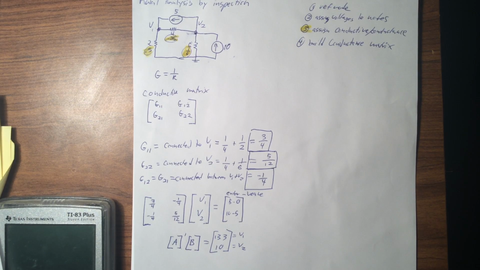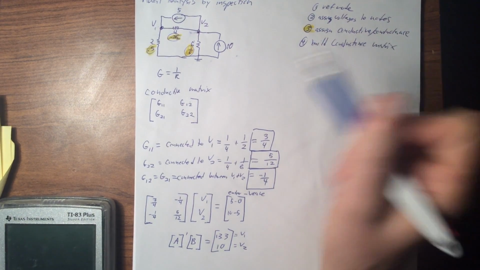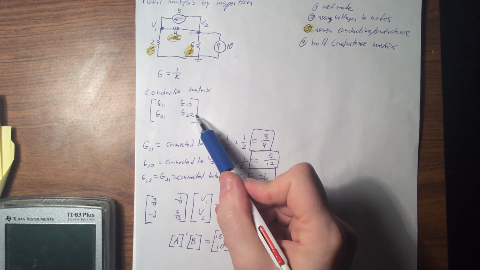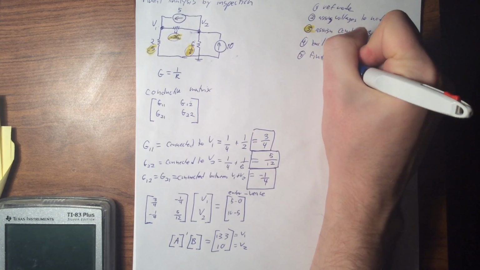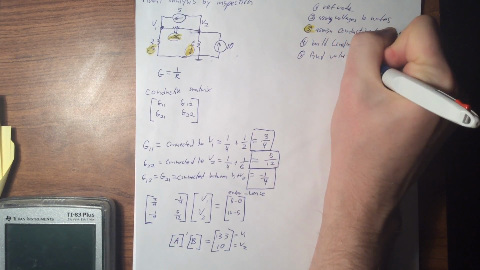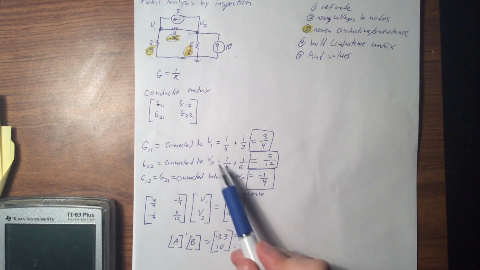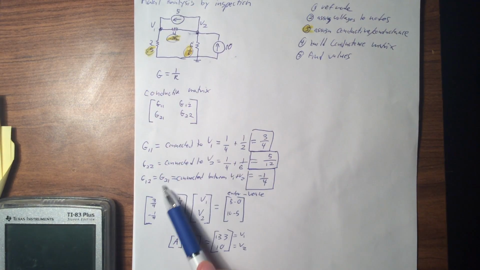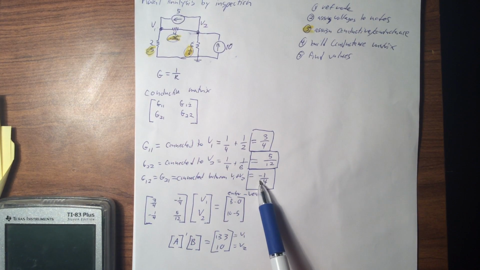But anything else for this? Let's fill it up here. We didn't write all the steps. Once we built our conductance matrix, we have to find values. That's what we did down here: anything connected to V1, anything connected to V2, and then G12, G21, the difference between the two, which we make negative there.